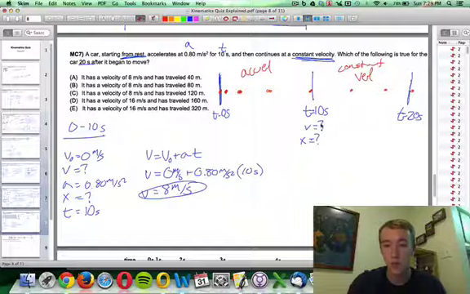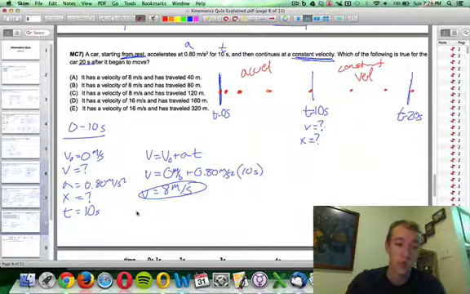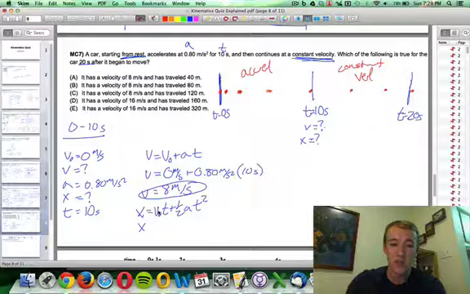Velocity is 8 meters per second. What is your displacement? Let's use this equation. It's already solved for displacement for us. The initial velocity is 0, right? So this 0 times 10 seconds is going to go away.